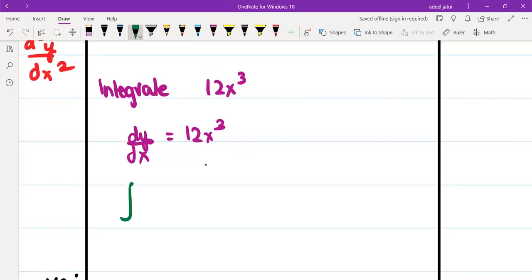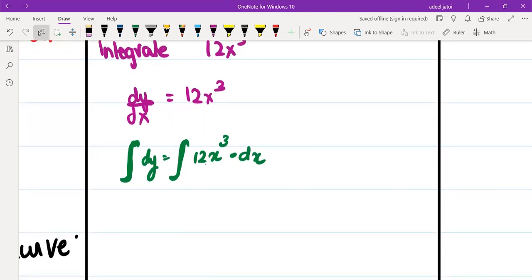So integration sign, always consider this as your music sign. So this would be dy is equal to integration sign 12x cubed multiplied by dx. At this point of time, you need to understand that it will get integrated. Your dy becomes y when integrated. So y is equal to, in integration, you need to understand it is the reversal process of differentiation.